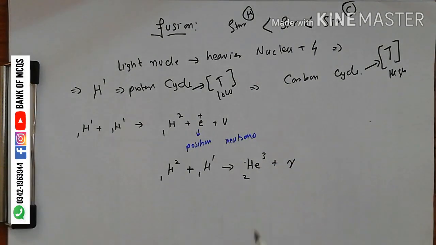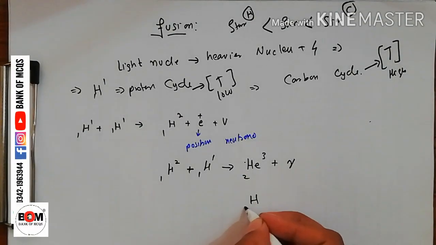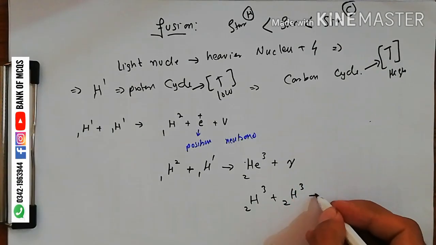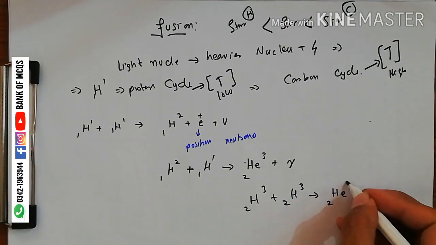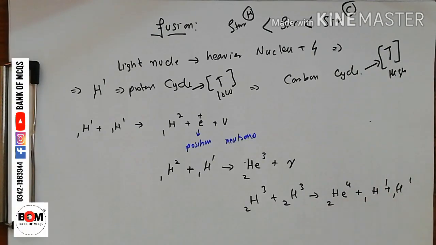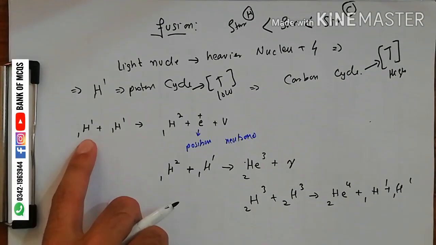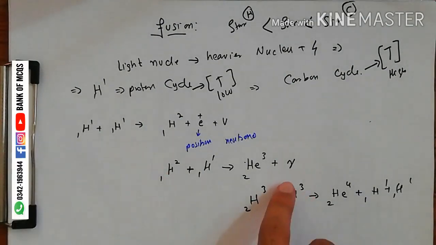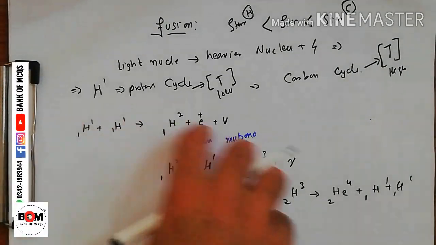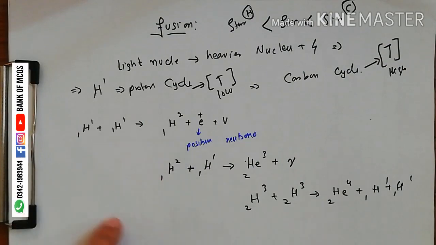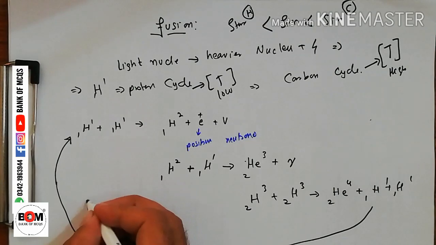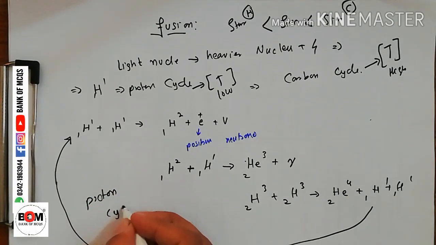Finally these two nuclei combine, 2H3 combines with 2H3 and forms a helium nucleus with two protons. So two protons start the reaction and give us two more protons in the product. Again these two protons will start a reaction and this cycle will continue. So this cycle is called the proton cycle.